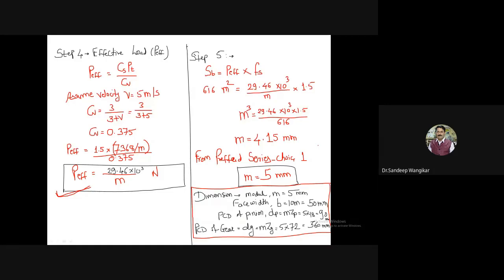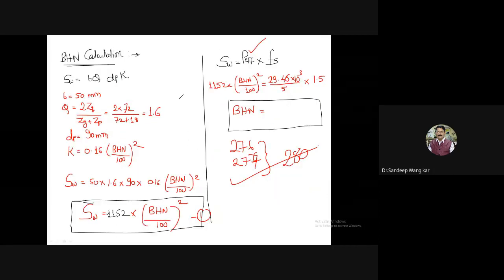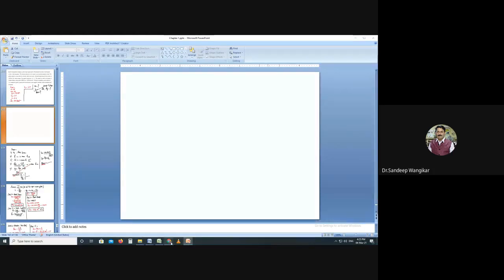In this way we have calculated the module, face width and different dimensions like pitch circle diameter for pinion and pitch circle diameter for gear. Then we went for the BHN calculation based on whatever module we achieved. So the module is required to be calculated and the BHN is also required to be calculated.